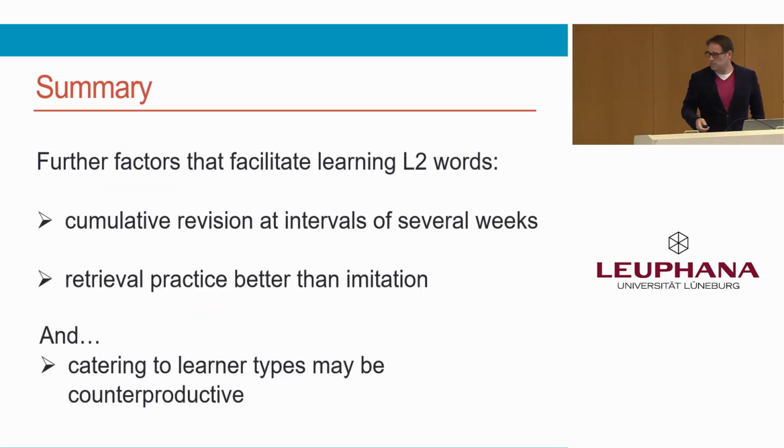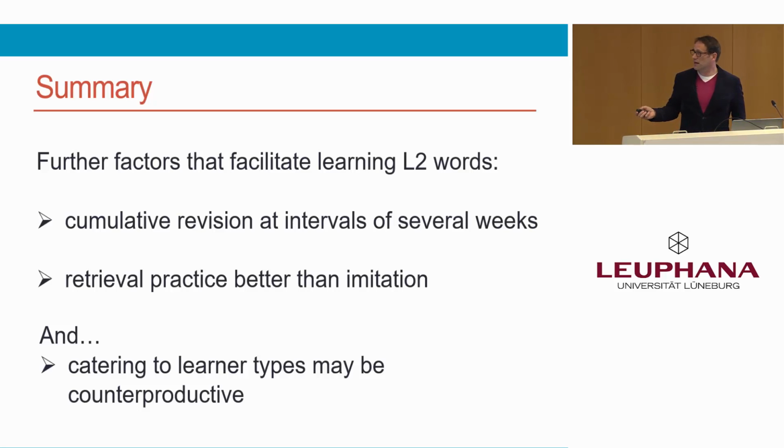There are 2 more factors that we talked about. One is the revision and doing this cumulatively at specific intervals. Evidently the intervals, whether it was several weeks or not, was not as relevant as repeating these.